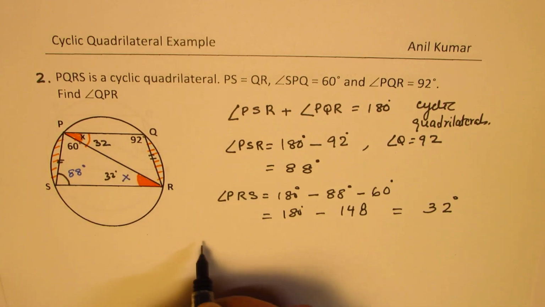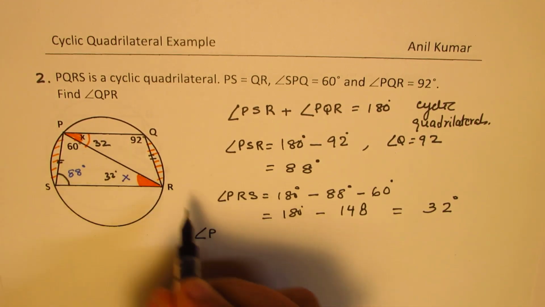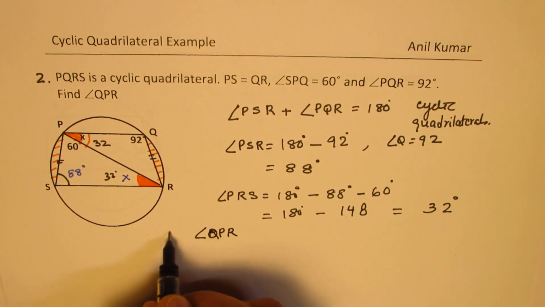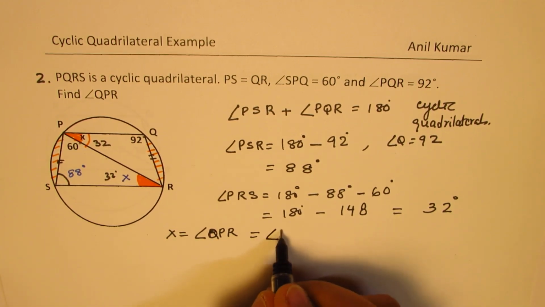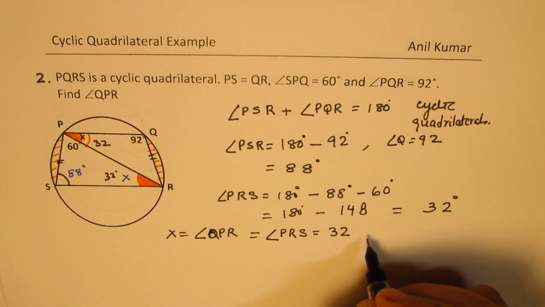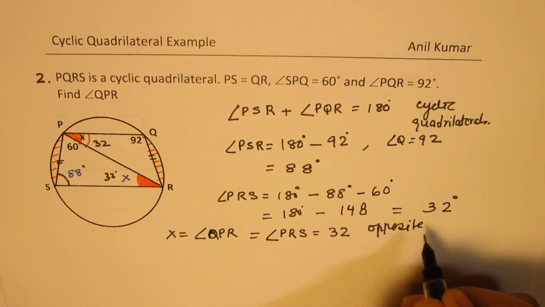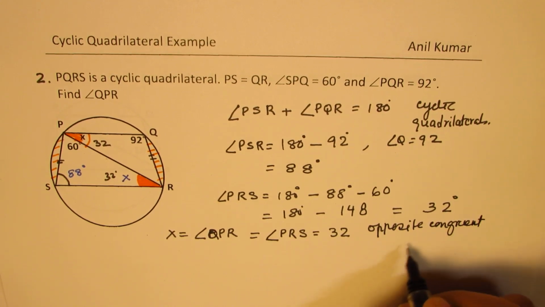Do you see that? Now, angle QPR, which is X, is equal to angle PRS, which should be equal to 32 degrees, as they are against opposite, equal, or congruent chords.